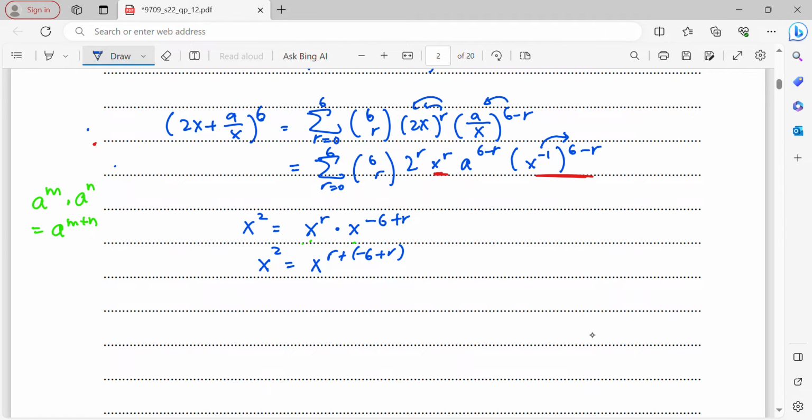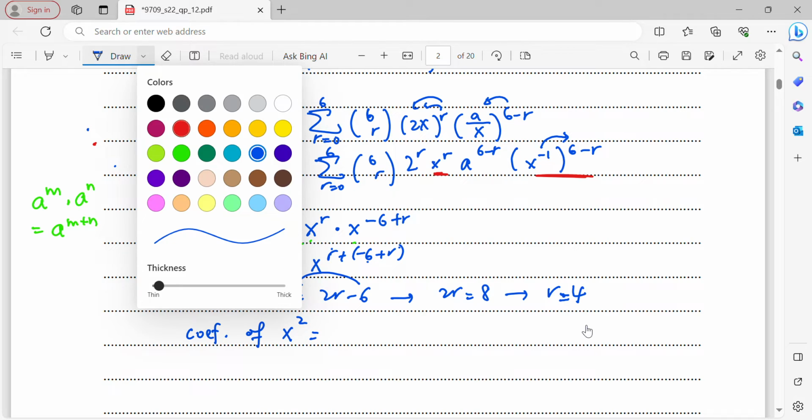So now I will just compare the degrees. 2 equals r plus r, which is 2r, then plus times minus is minus 6. Therefore, from here I will get 2r equals 8 by moving the minus 6 to the left hand side. Then my r is going to be 4, which means the term with x squared happens when r equals 4. Now I will write the coefficient of x squared.